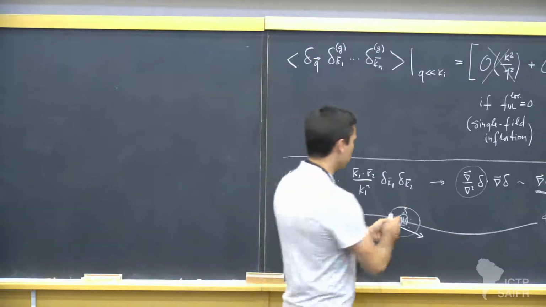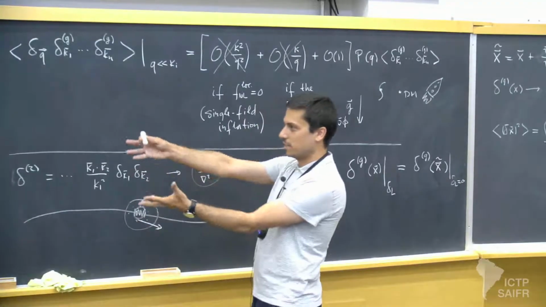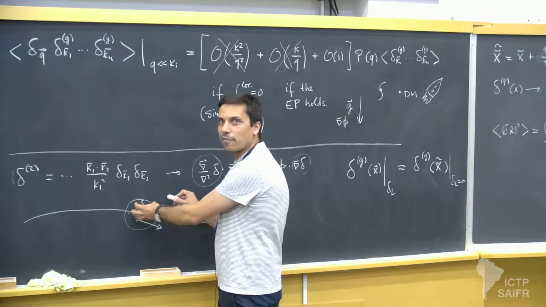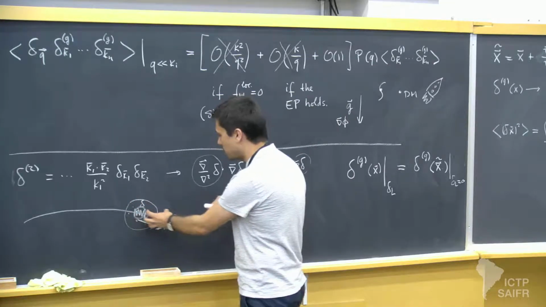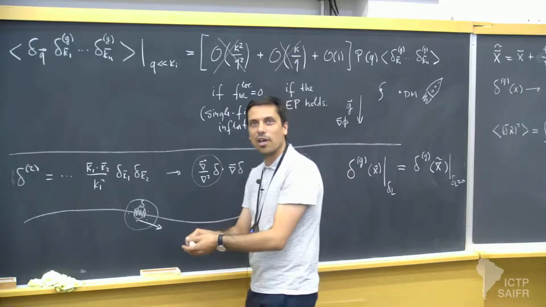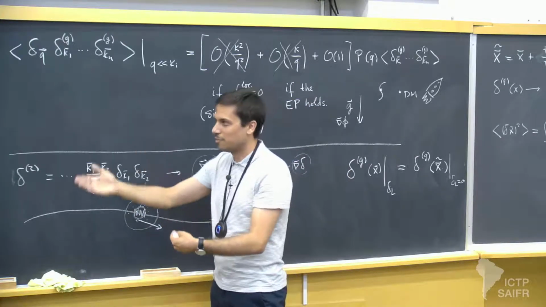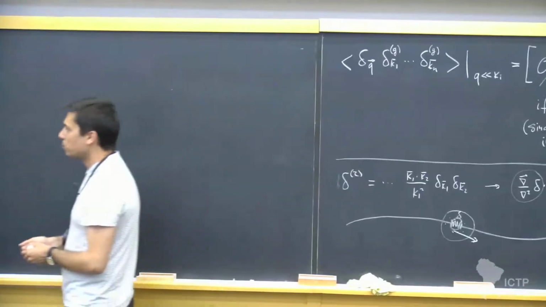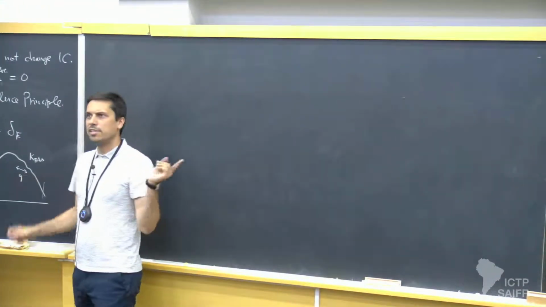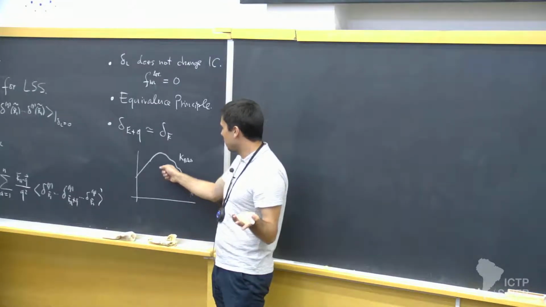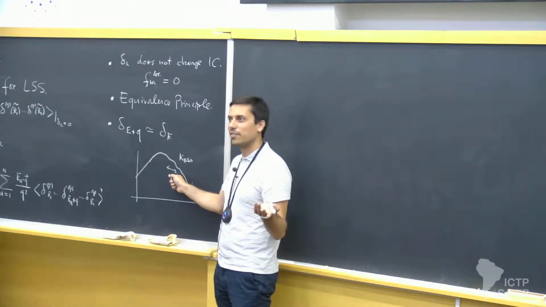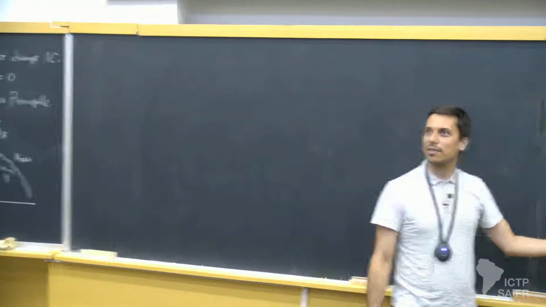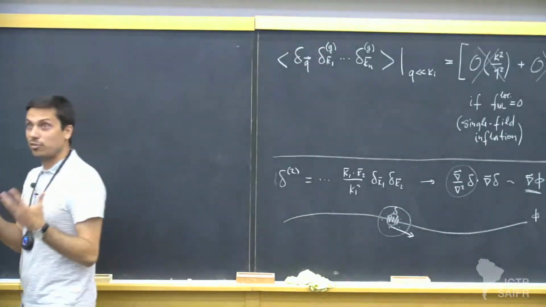When we were deriving these equations, we were saying, whatever the endpoint function is here, if I just translate everything, because I'm in free fall, everything will remain the same, assuming the equivalence principle and single field inflation. So where is this issue in this real space picture? How do I see that I'm in trouble if I have features, if I go to real space? I don't see any problem here. So let's see where the trouble is.